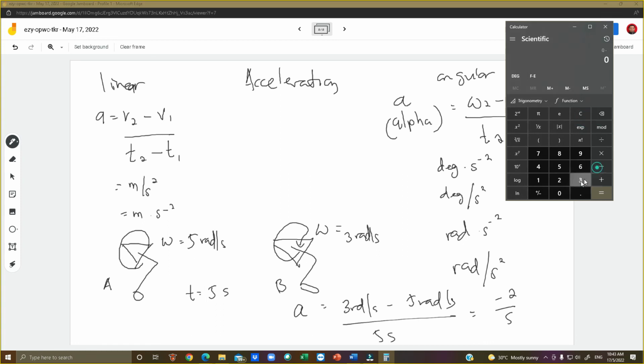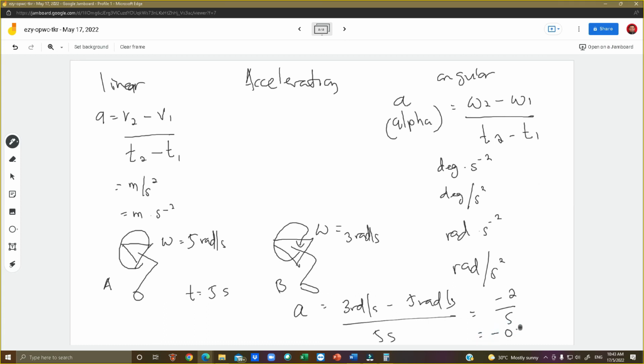So, -2 divide with 5, we have -0.4 radian per second squared. Maksudnya dia decelerate. Based on the pictures pun kita dah tahu lah, if it starts with higher numbers and ends up with something lower, then it is a deceleration case. Tapi ini in term of angular acceleration.